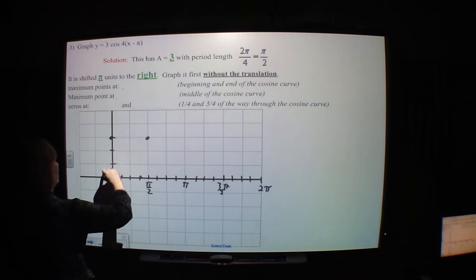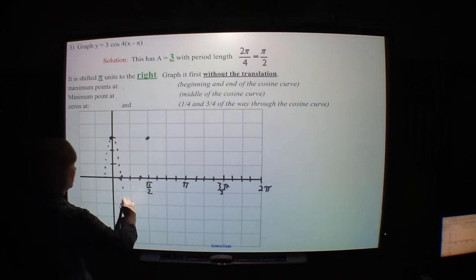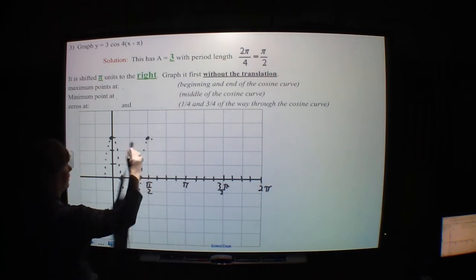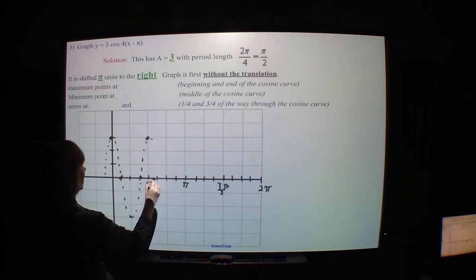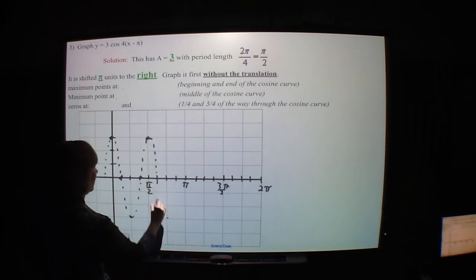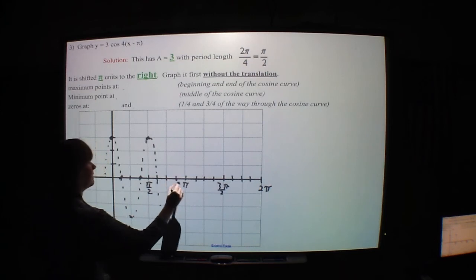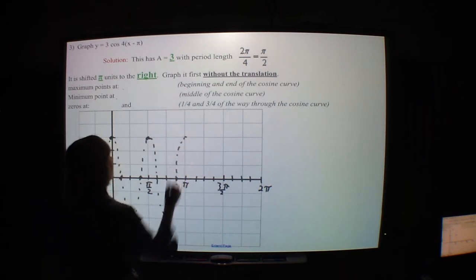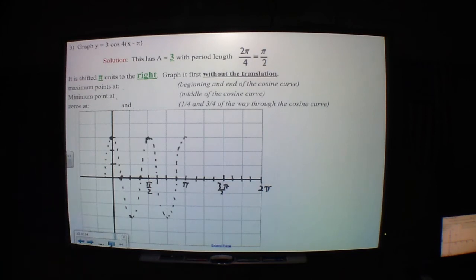So if I was going to do it, it would be something like this is my regular graph. And so forth. I could keep going. 1/4. There's that. There's that. Maximum again. And it keeps repeating itself forever.